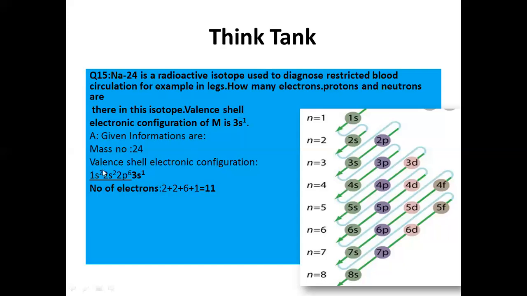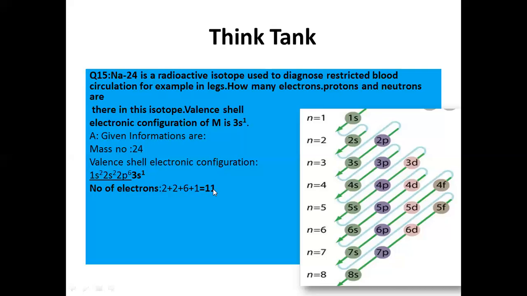The other shells are 1s2, 2s2, 2p6. These are called inner shells, because this is the outermost shell or valence shell. How many electrons are present in total? If we count, 2, 2, 4, 4 plus 6, 10, 10 plus 1, 11. So the total number of electrons is 11.